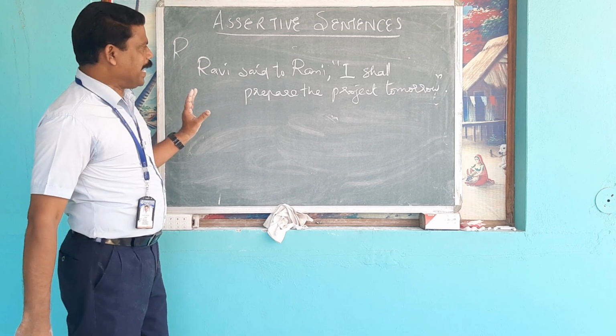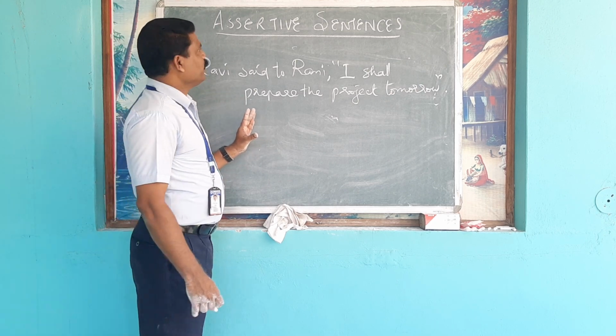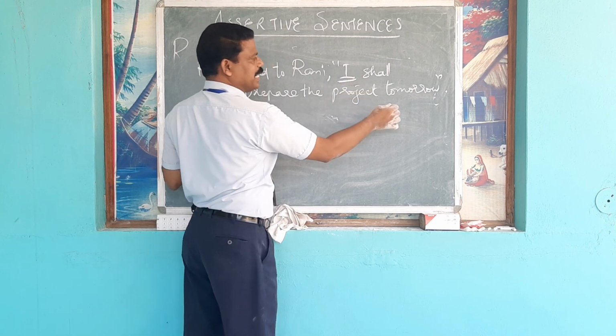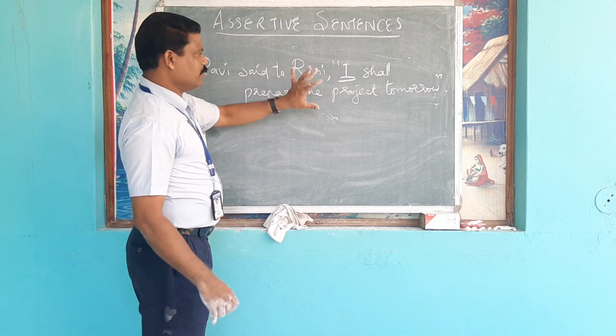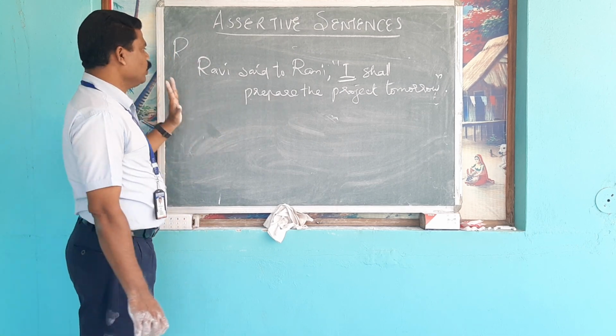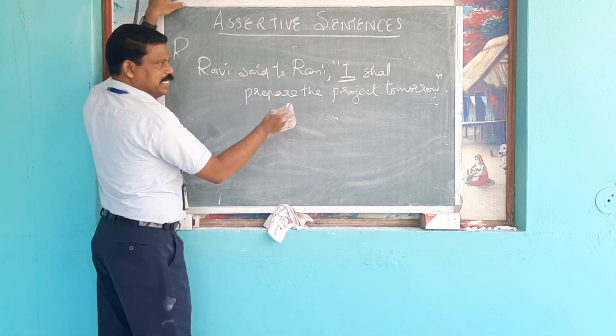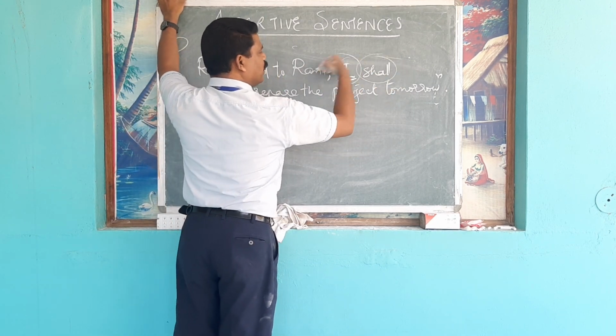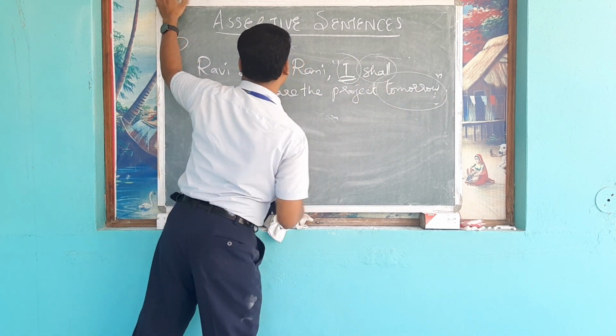So first step, identification of sentence. So we are practicing assertive sentences. It starts with a subject and ends with a full stop. So for an assertive sentence the reporting verb is said or told. Changing words: I will change, shall will change, tomorrow will change.